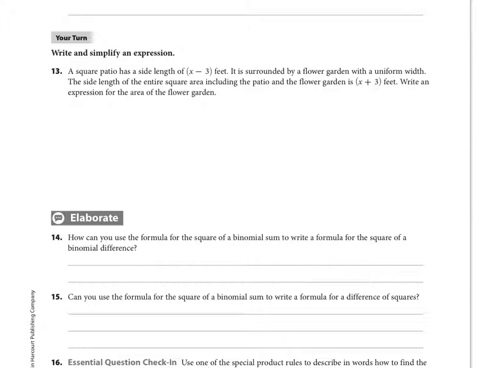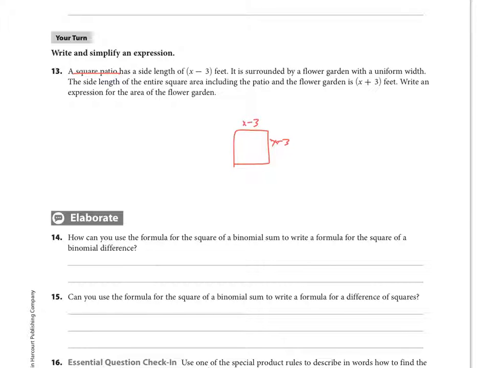What do we have? We have a square, and this is important, a square patio. So I'm going to draw as best I can a square patio of side length x minus 3. So this is x minus 3, this is x minus 3. Since it's a square, I know all the sides are the same.